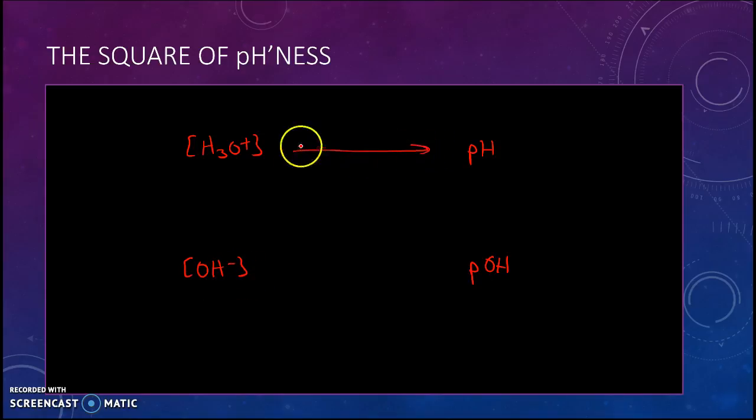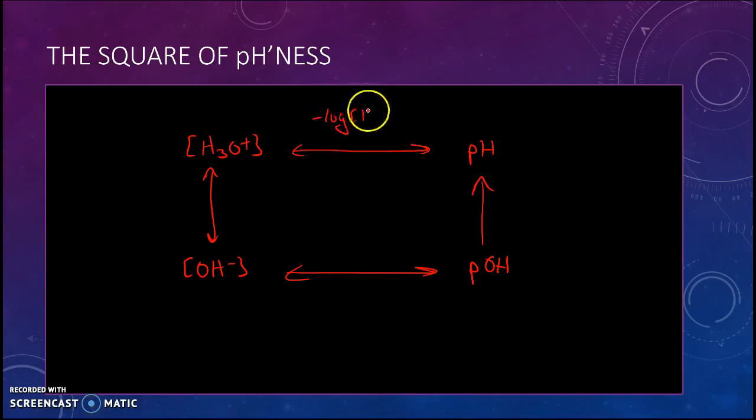And we can convert between any of these by going around the square. If I want to go between H3O plus and pH, I'll use the negative log of H3O plus. Or, I could take 10 raised to the power. So we'll work on going from pH to H3O plus concentration.